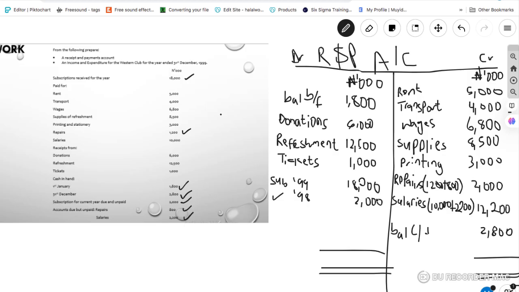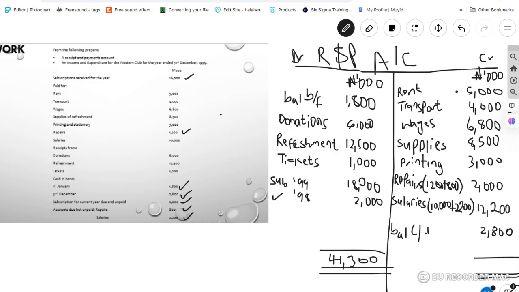So we've been able to consider that into the account. So let's go ahead and add 1,800,000 plus 6,000 as 7,800,000 plus 12,500, 20,300, 21,300 plus 18,000, 39,300 plus 2,000 is 41,300,000.